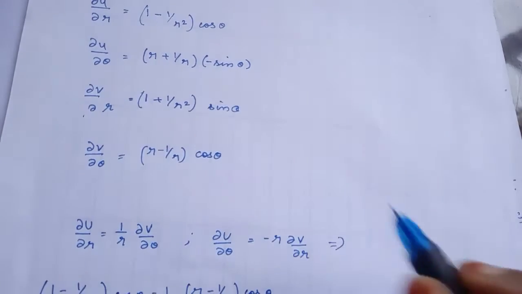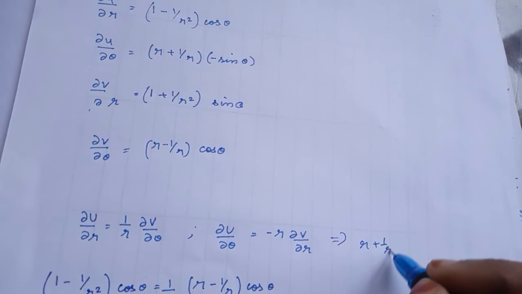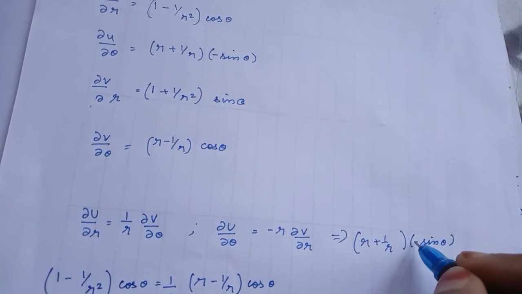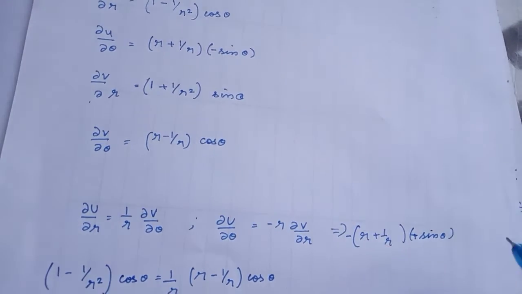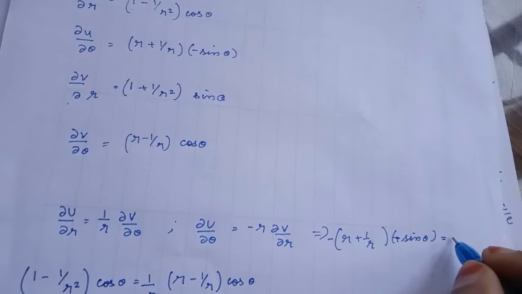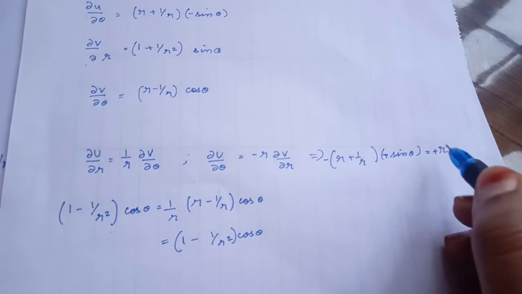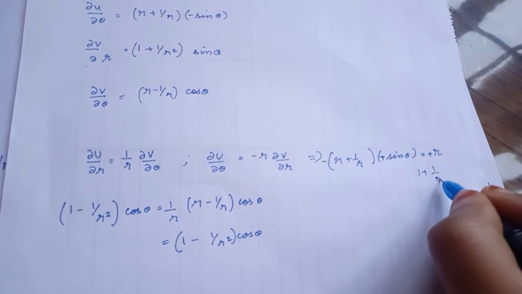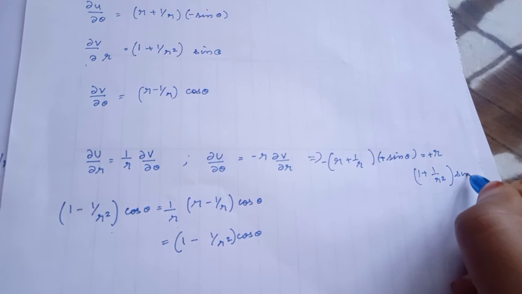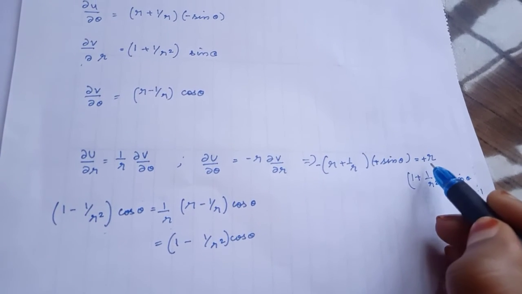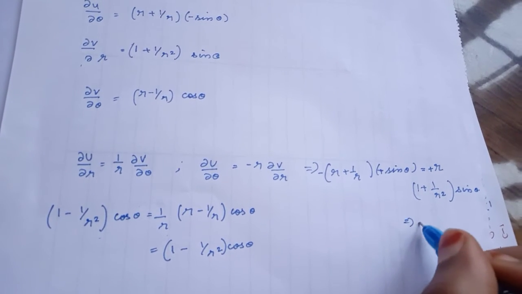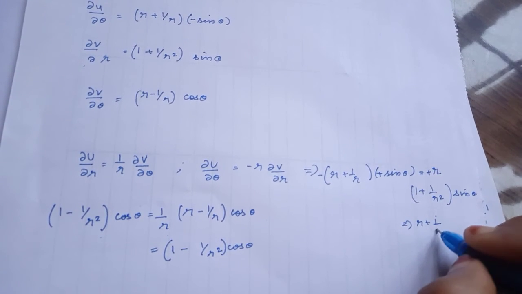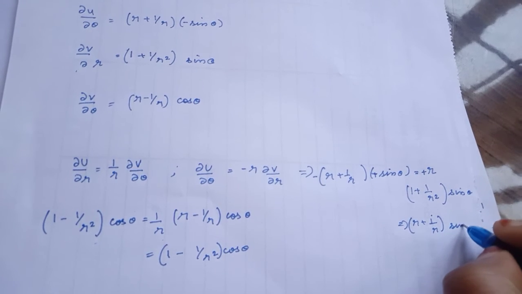So next is dou u by dou theta. Dou u by dou theta, we have r plus 1 by r of minus sin theta. The minus sign we can take outside, which is equal to r into dou v by dou r. Dou v by dou r is 1 plus 1 by r square into sin theta. When r is multiplied inside, you get r plus 1 by r, so that will be r plus 1 by r into sin theta.